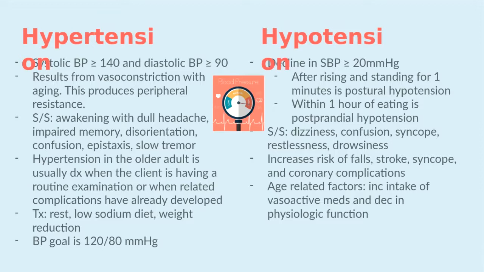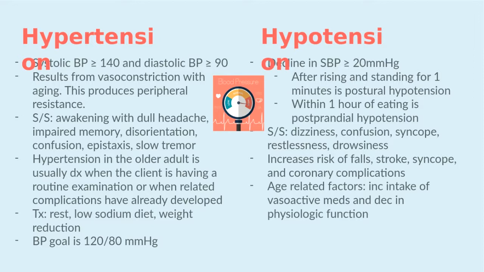So as we age, there is an increased incidence of a variety of conditions. One of them is hypertension. Hypertension is the most prevalent cardiovascular disease of older adults. And so what is considered hypertension?